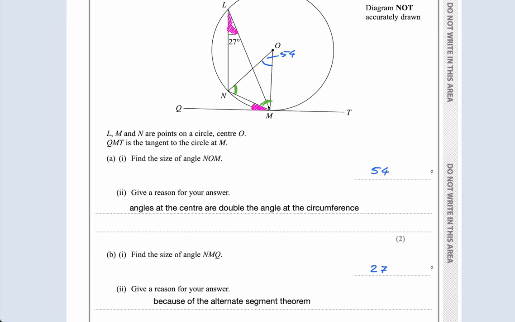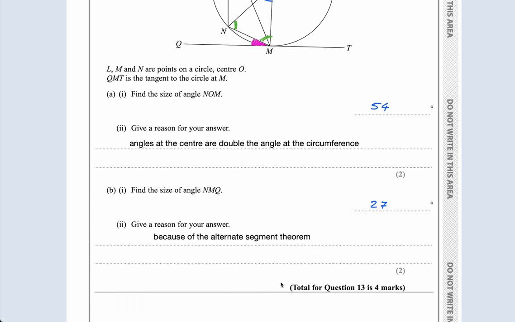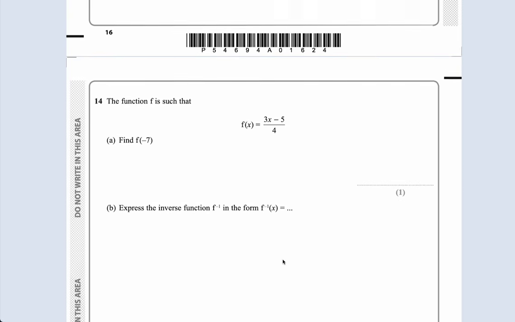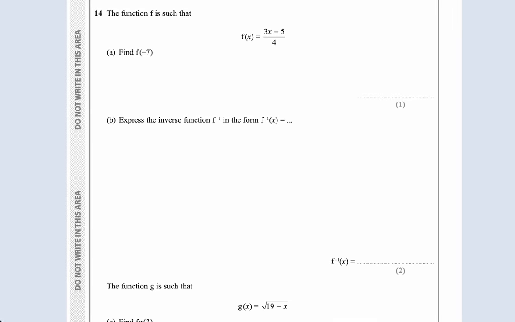So I can figure out these two angles and then subtract it from 90 because these meet at a right angle. You get the same answer, and you can give that reason, explain it. Okay, question 14. Over halfway there.